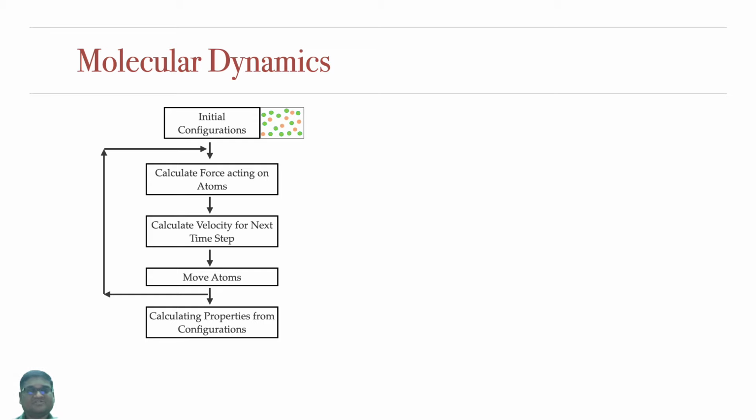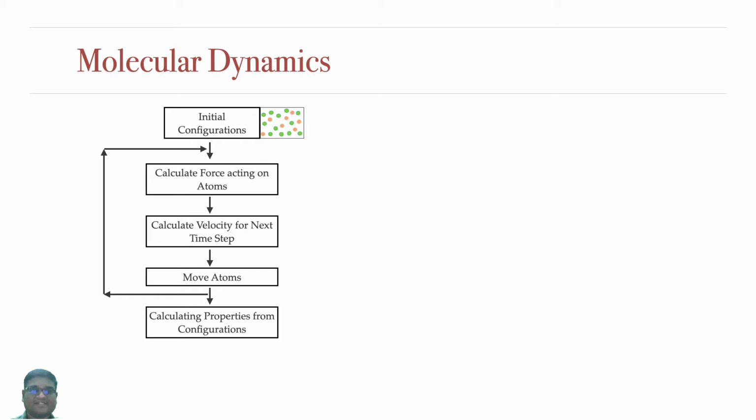Initially we'll have a simulation box. We'll have atoms, for example argon or any molecules, randomly distributed in the simulation box. This is the initial configuration we start with. We'll calculate the forces acting on each atom or each molecule, based on the force field.